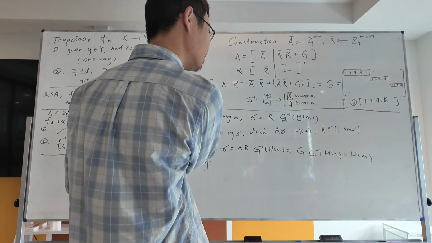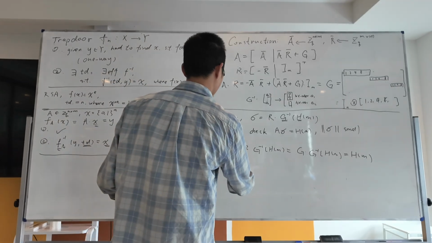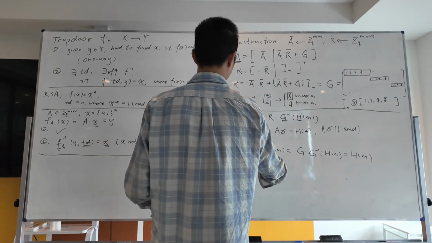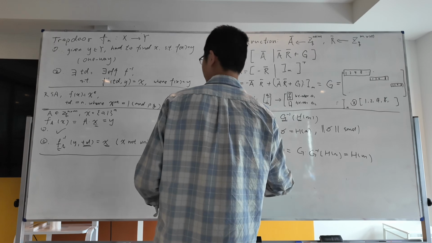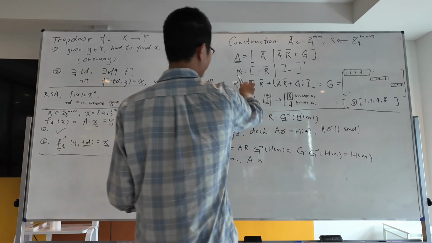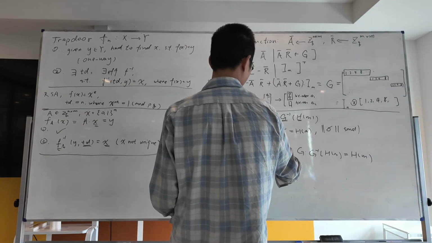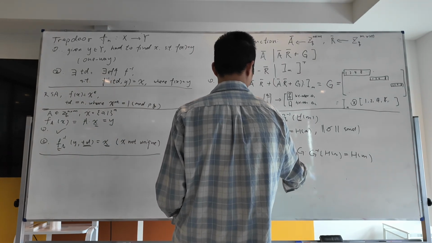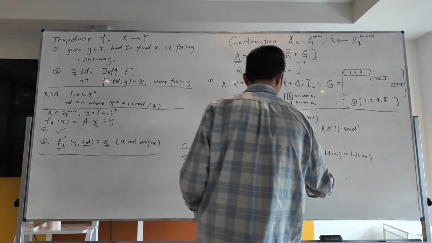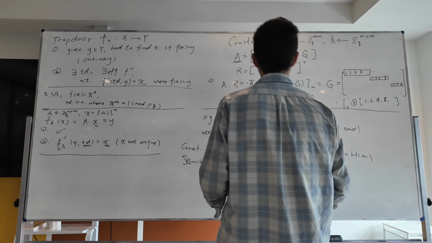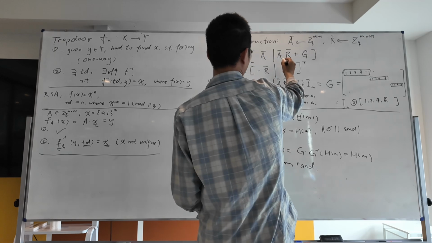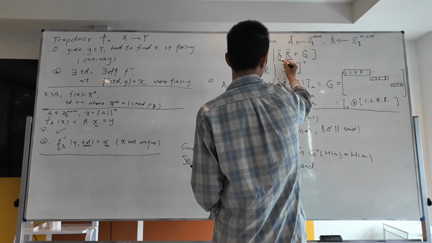First of all, I want to claim that this matrix A is still random, because the lattice problem is hard only if A is random. I claim that A constructed in this way is uniformly random. Why? This part A bar is random, and I claim that this multiplication is also random.